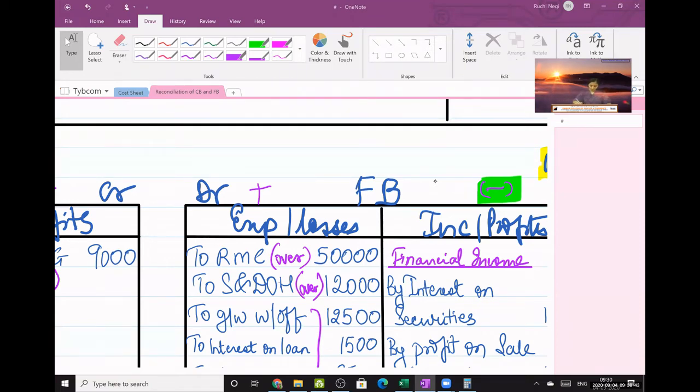Okay, now let us prepare our reconciliation statement. Okay, Shreyas, you want the screenshot of cost sheet? Okay, just a minute.